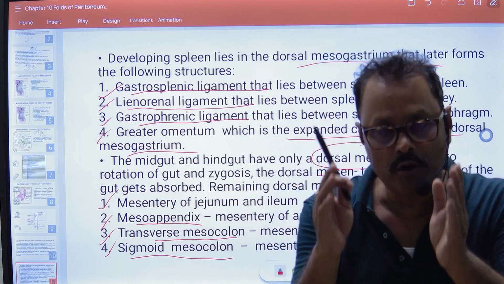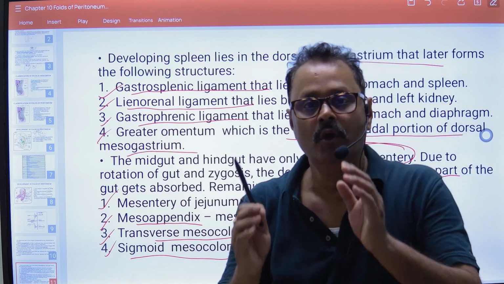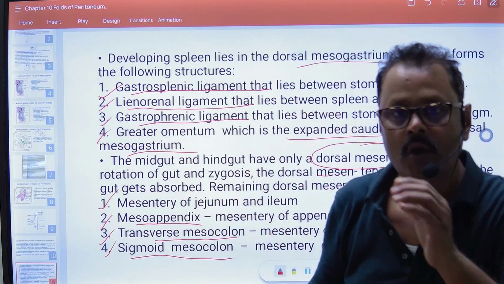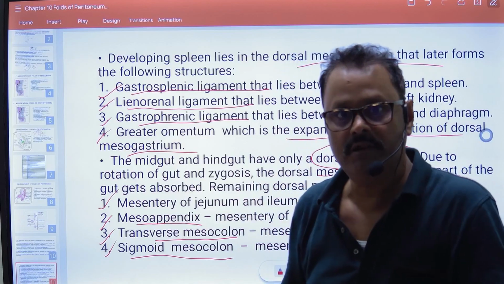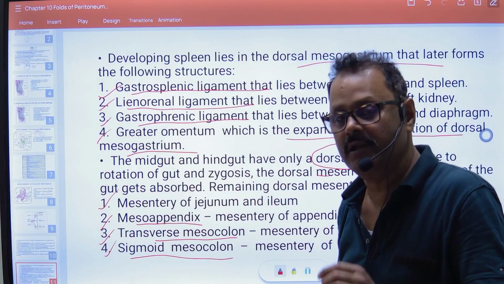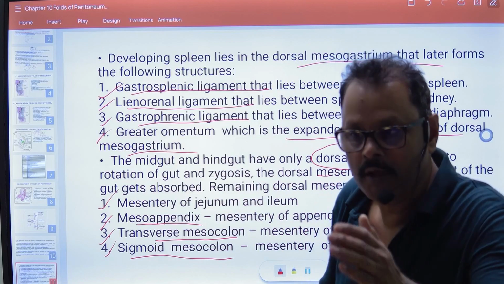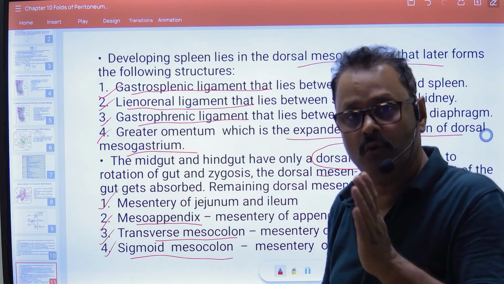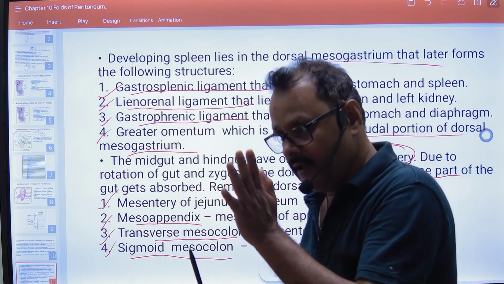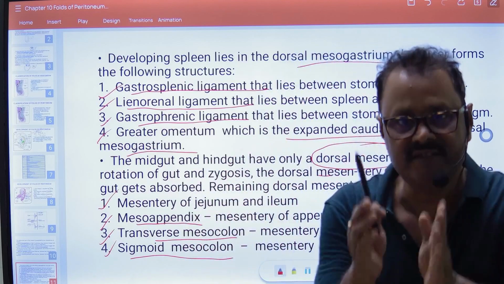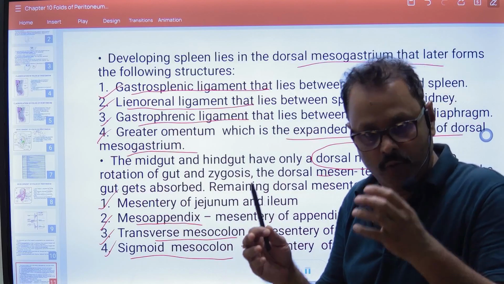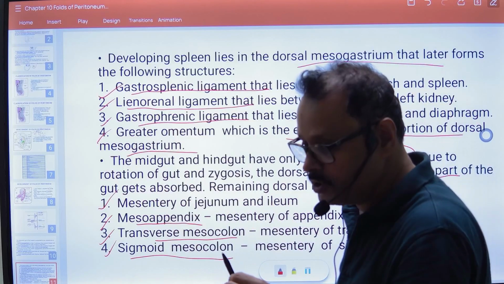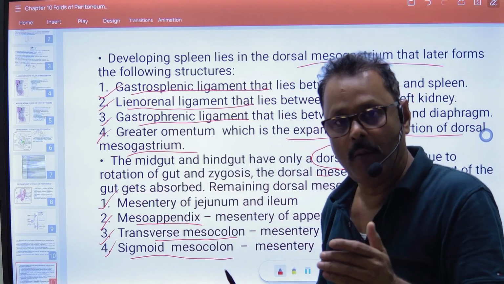But in the midgut and the hindgut region, we do not have the ventral mesogastrium, only the dorsal mesogastrium. In some parts it gets absorbed because we don't have the mesentery throughout. Only where the mesentery persists do we have the fold of peritoneum in the form of mesentery.